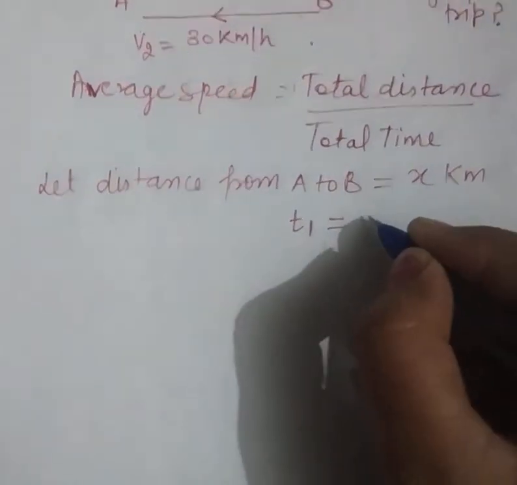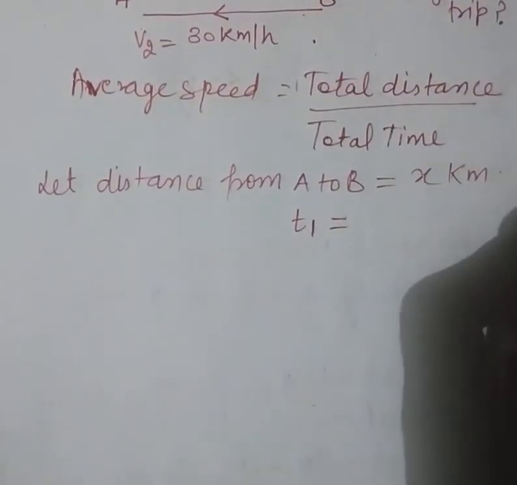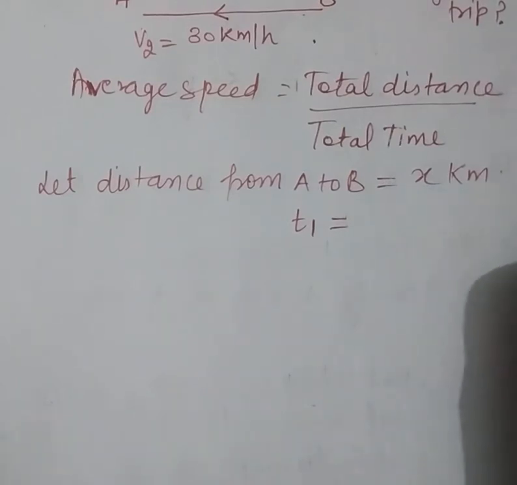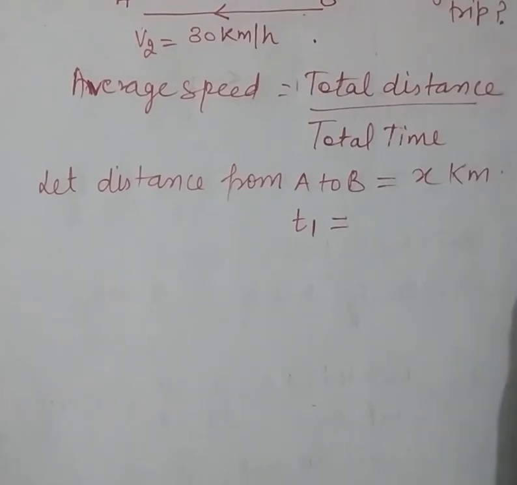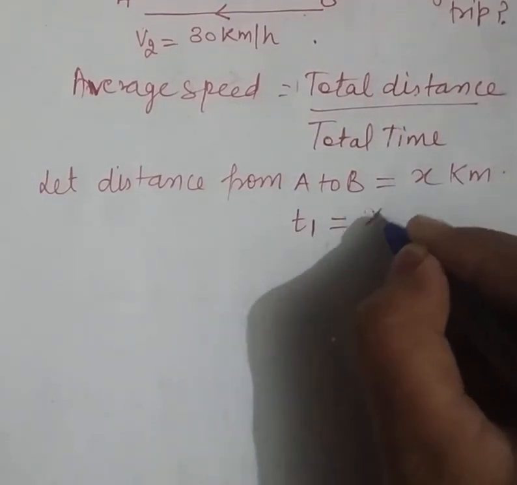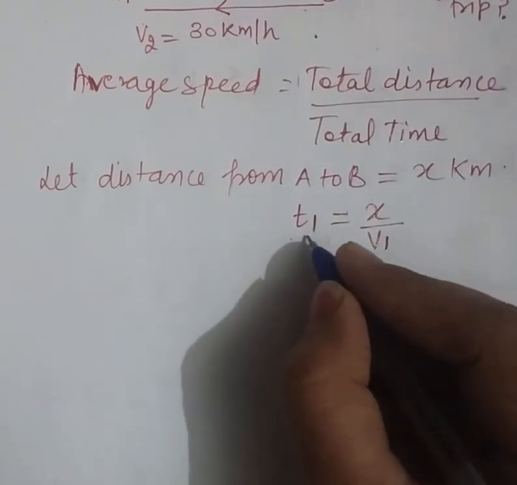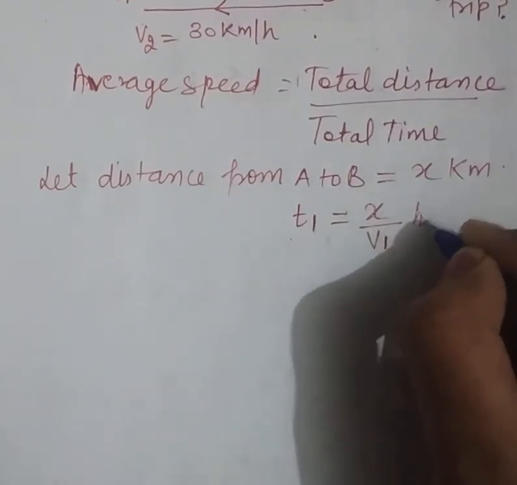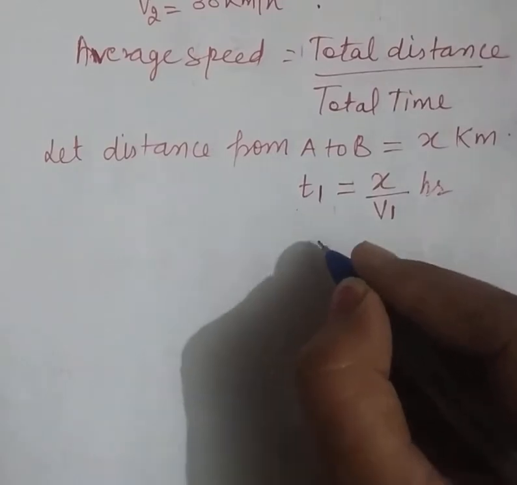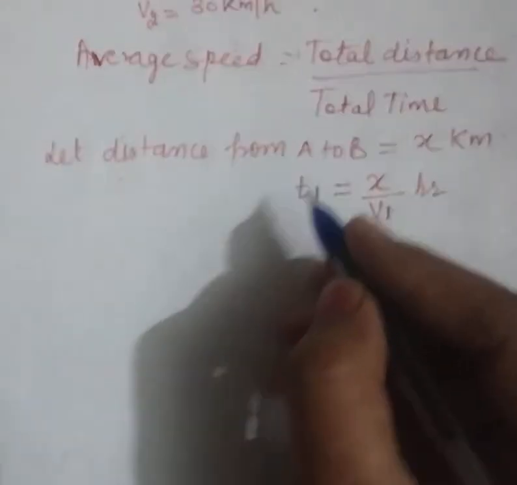So what will be T1? Time is distance upon speed. So in the numerator distance and in the denominator speed. For the first journey, distance X, velocity V1, so X by V1, and time will be in hours. And what about the distance from B to A?